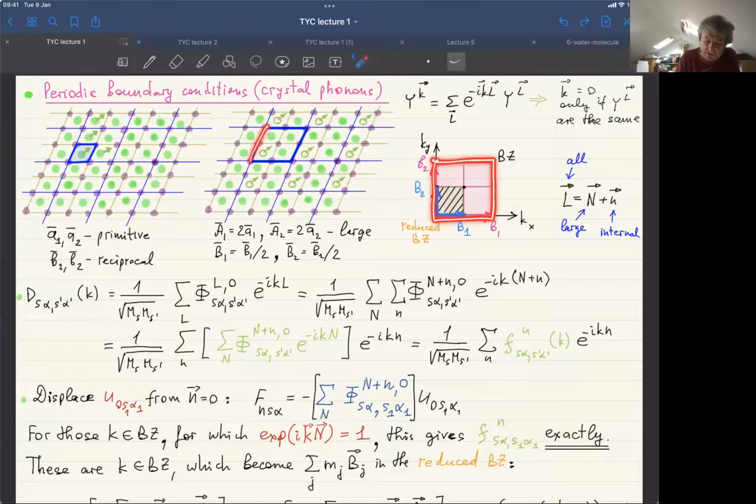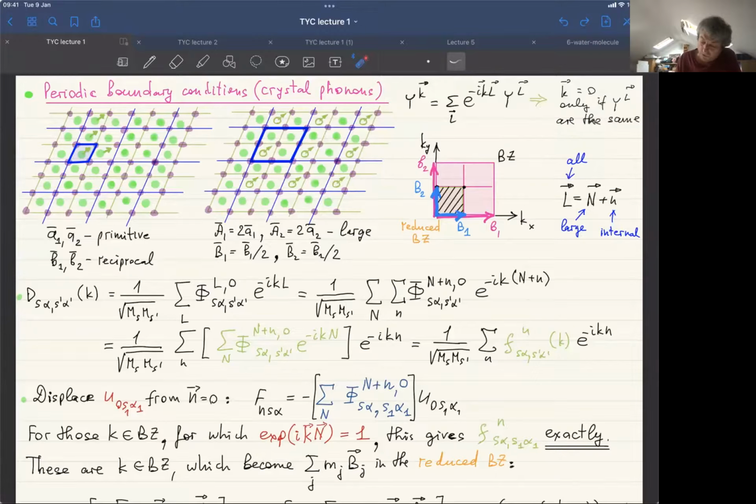If I take a 4 times larger cell in the direct lattice, my Brillouin zone would be 4 times smaller. So different points of the original Brillouin zone now will be related by the reciprocal lattice translations of the reduced Brillouin zone.